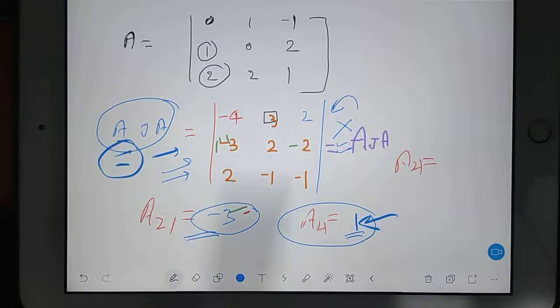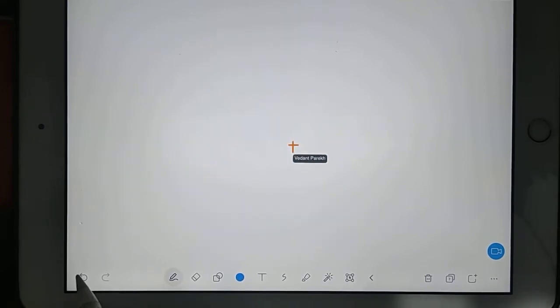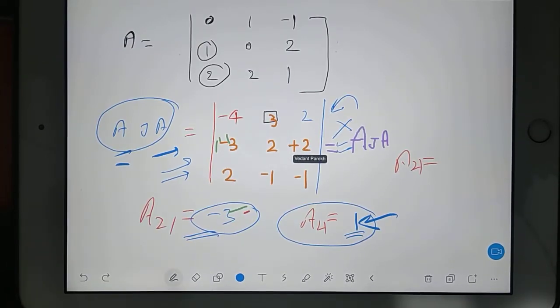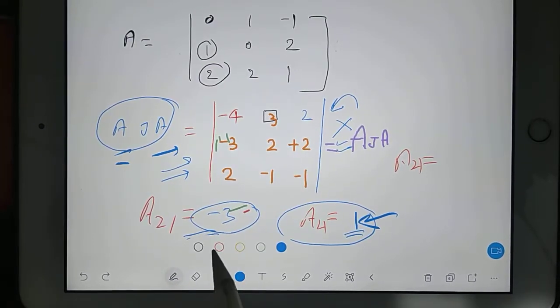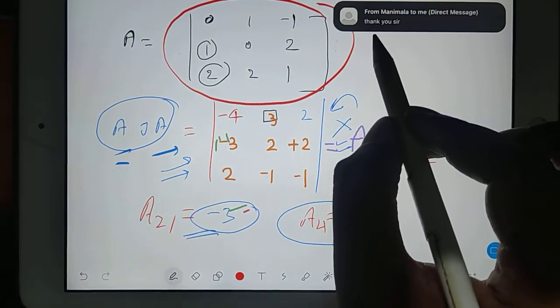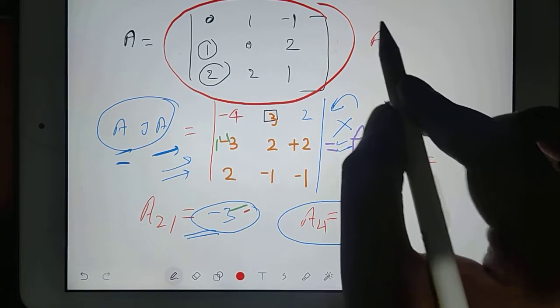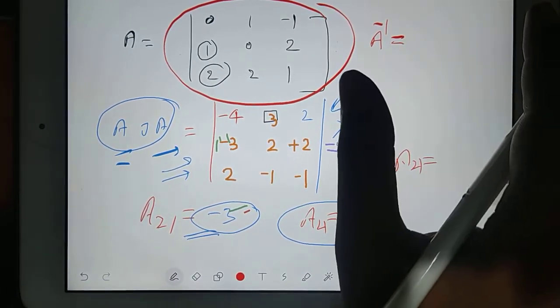Yes, okay. I'm changing the page. For the same matrix, if you have to find out A inverse, then how will you find out A inverse? You have very easy formula.